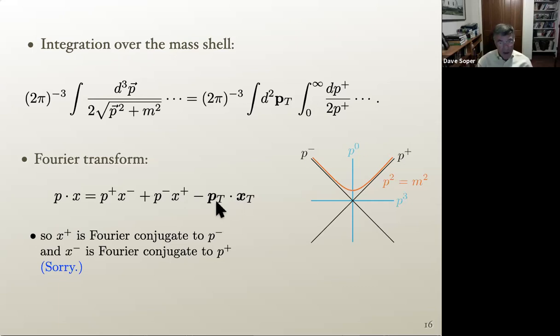So x transverse is Fourier conjugate to p transverse. That's easy. But x minus is Fourier conjugate to p plus, and x plus is conjugate to p minus. So in taking Fourier transforms, you just reverse the plus and minus. That's a little inconvenient, but it's easy enough to remember.